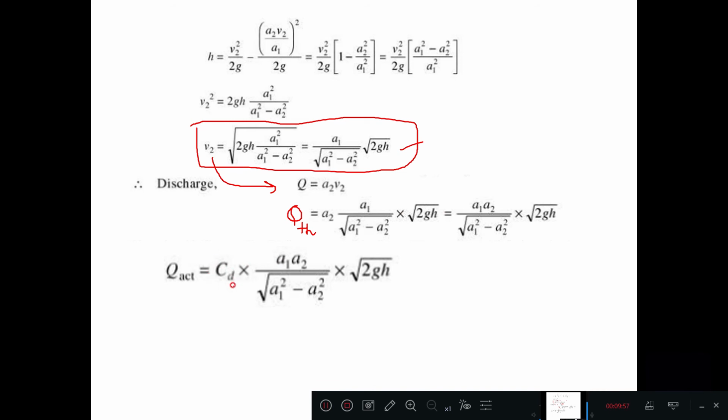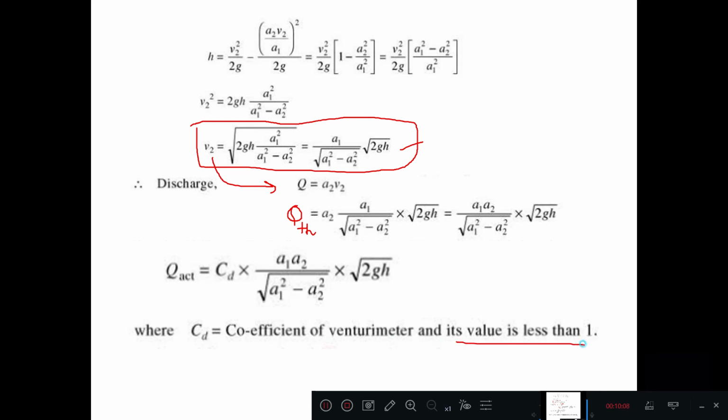So we have to take the coefficient of discharge Cd into A1 A2 divided by root of (A1 square minus A2 square) into root of 2gH, where Cd represents the coefficient of the venturimeter and its value is less than 1. So this is the final equation to calculate the discharge through the pipe, or discharge through the venturimeter. This is the discharge equation for a venturimeter.